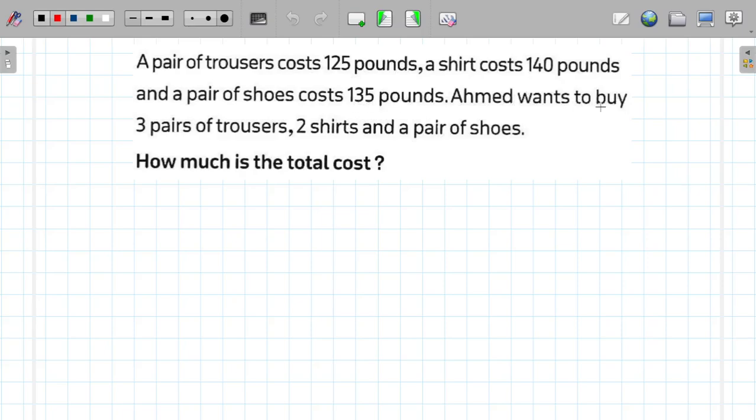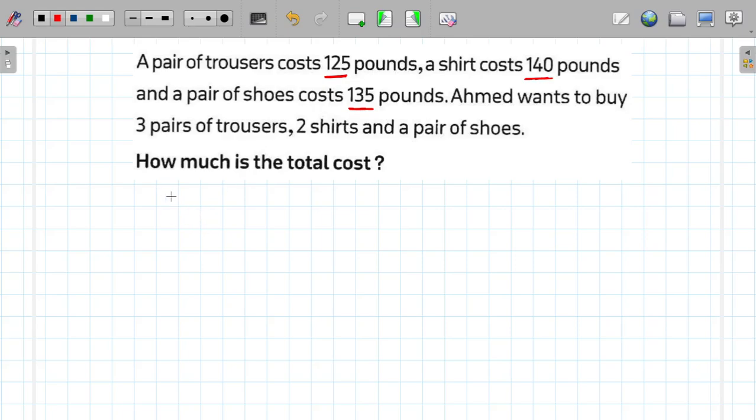Ahmed wants to buy 3 pairs of trousers, 2 shirts, and a pair of shoes. So I have a pair of trousers costs 125 pounds. A shirt costs 140 pounds. And a pair of shoes costs 135 pounds.